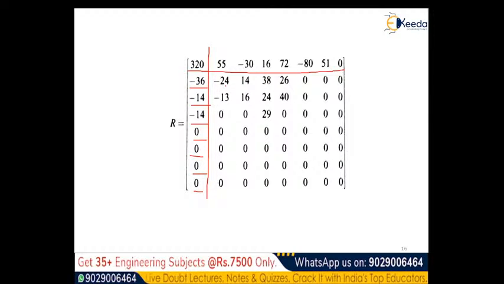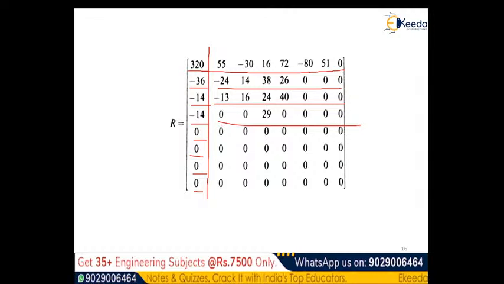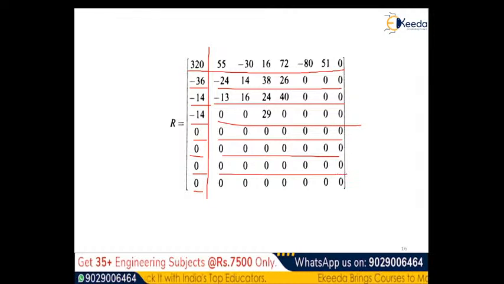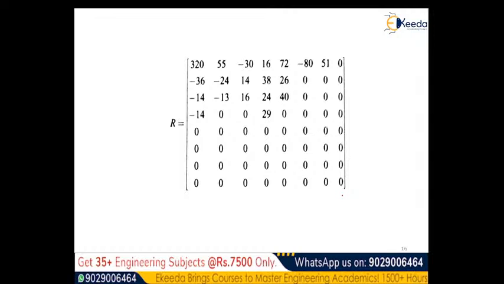In the similar way, we have the element wise multiplication and we have obtained the corresponding values at these stages. So the total 64 values after the element wise multiplication have been obtained. This is the coded form.